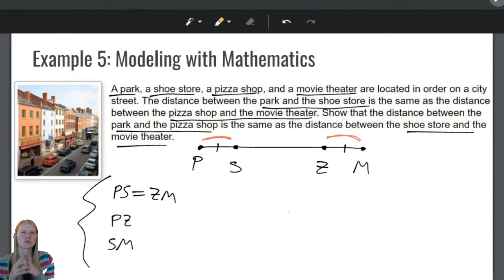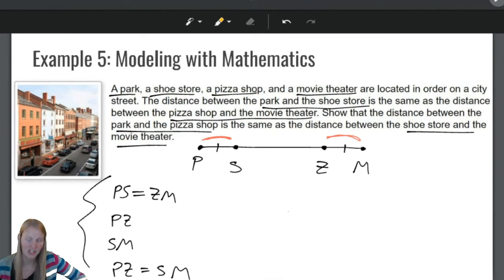Now, what we need to do is connect these dots in order to show that PZ is the same as SM. That's what we want to do in the end. In the end, it said, show that the distance between the park and the pizza shop, PZ, is the same as the distance between the shoe store and the movie theater.